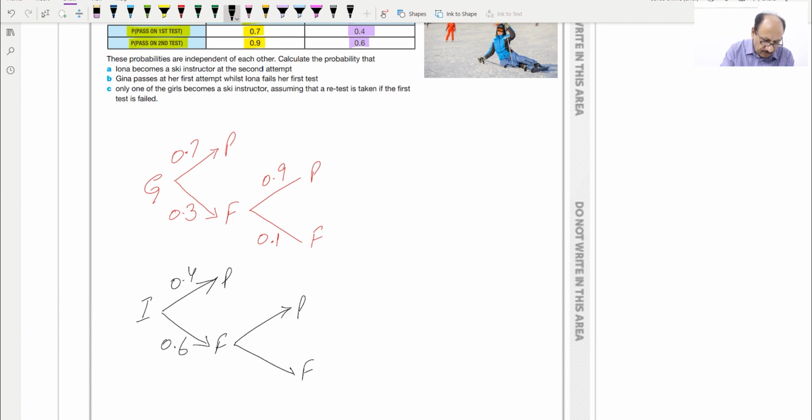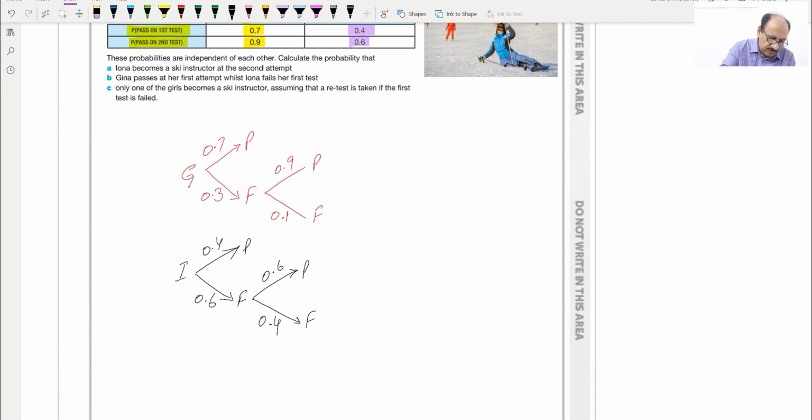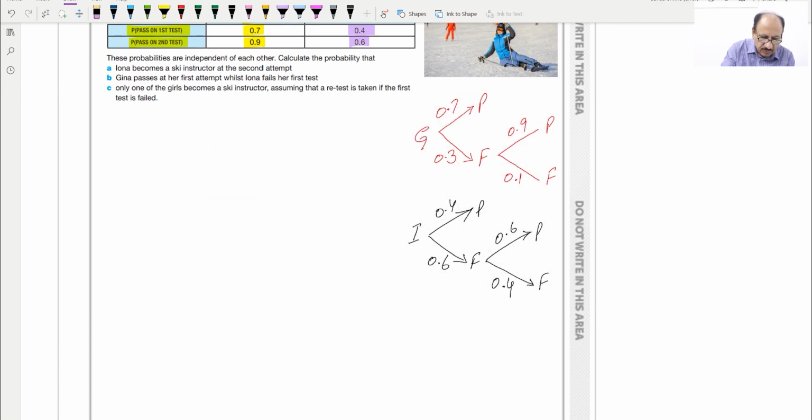For the second time, passing is 0.6, so we can take this as 0.6, and this one will be 0.4. This is how we can draw the tree diagrams, and I will be adjusting this and putting it here, and we will be referring to this one.